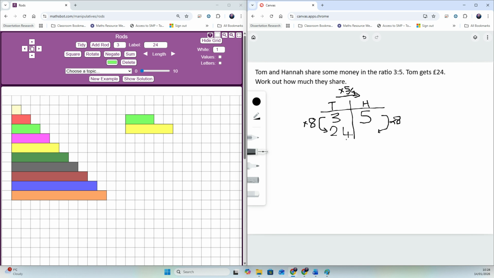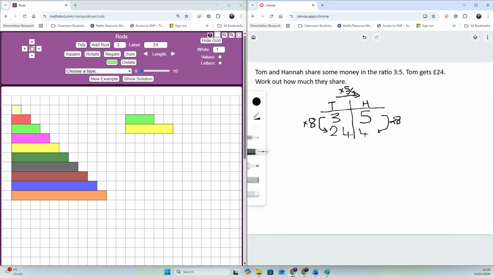And this is the sort of key to the ratio and why I want this relationship in particular. It doesn't really matter how much Tom has. Whether Tom has £24, whether Tom has £36, whether Tom has £3 million, whether Tom has a number that isn't a multiple of 3, this number will always be 5/3 of that number. And that is the sort of key structural, functional relationship connecting those two.